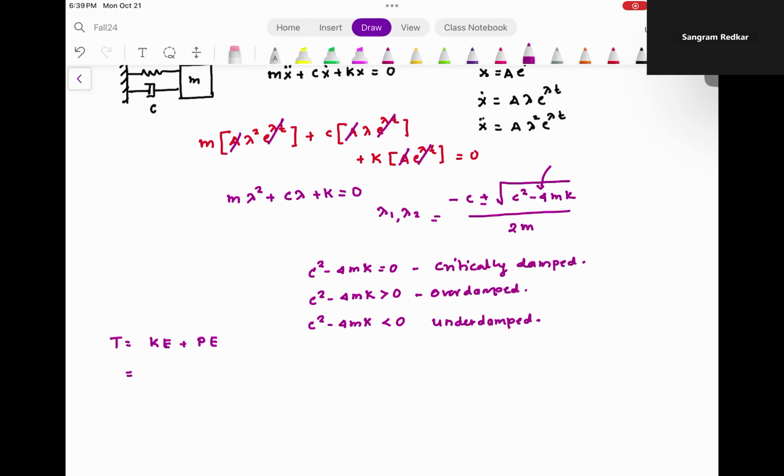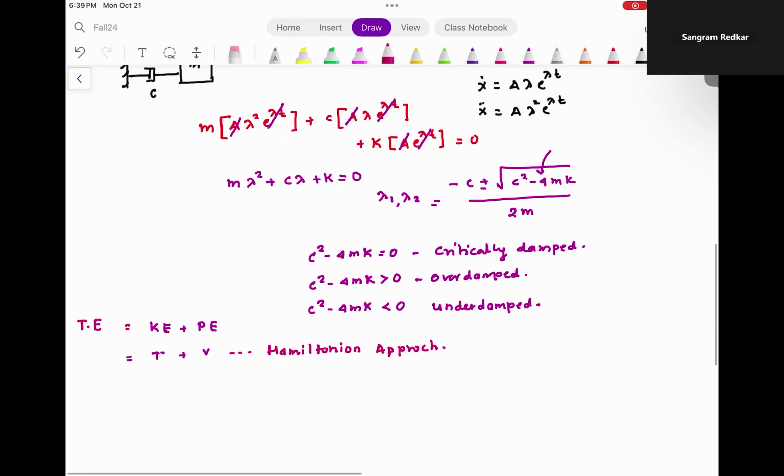Kinetic energy is typically denoted by T and potential energy by V. So I need to write this down as total energy, T plus V. This approach is called the Hamiltonian approach. In the Hamiltonian approach, you are going to look at the total energy.